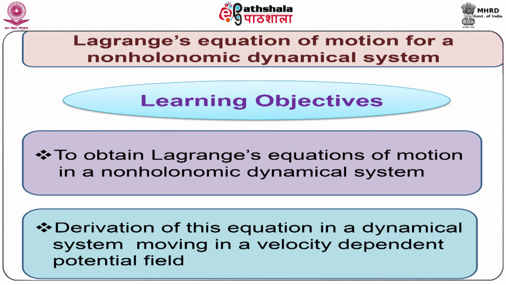First of all, we shall obtain Lagrange's equations of motion in a non-holonomic dynamical system. Later on, we shall derive Lagrange's equation in a dynamical system which is moving in a velocity dependent potential field.